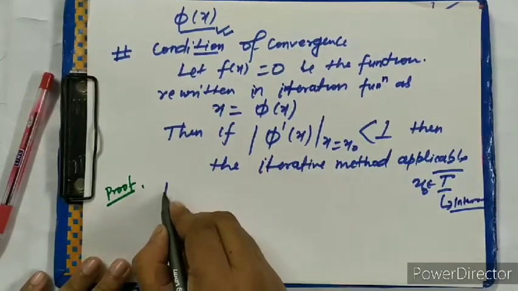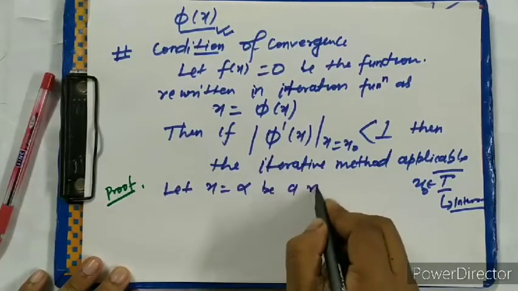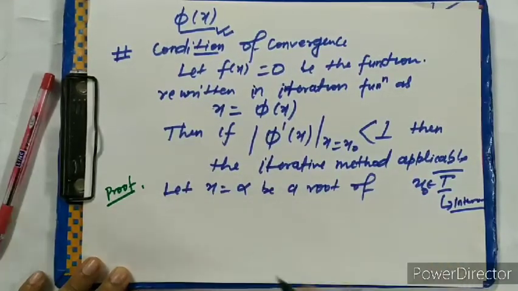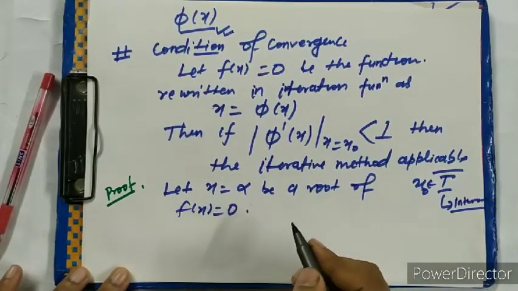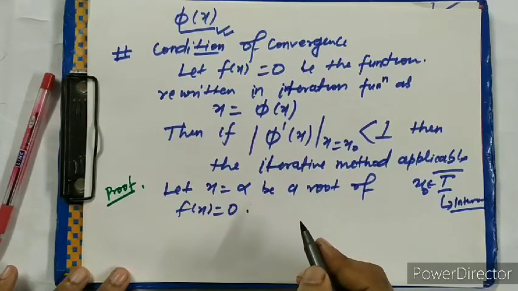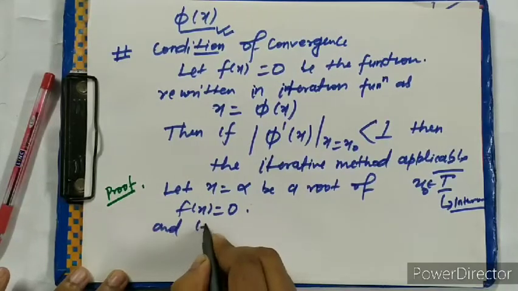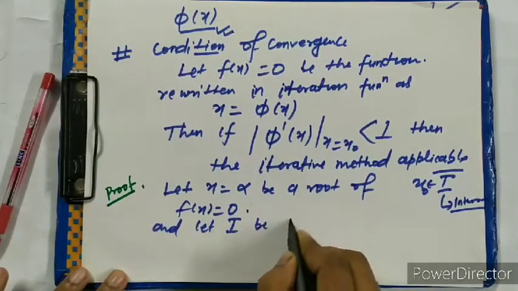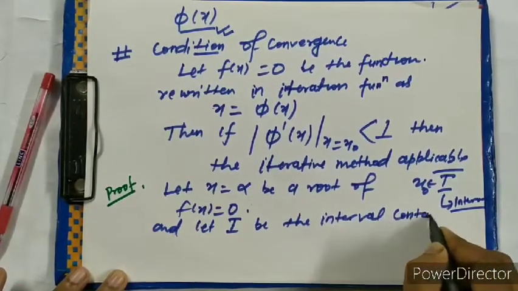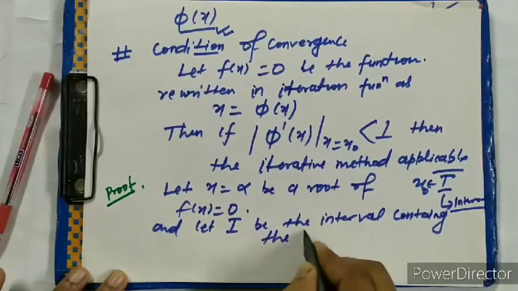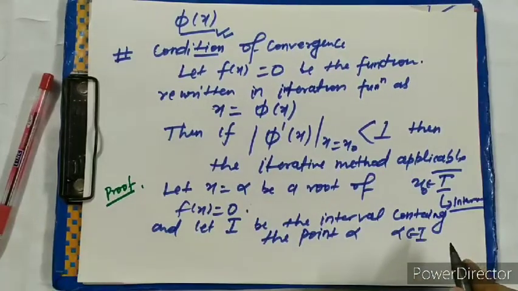Let x = alpha be a root of f(x) = 0, and let I be an interval containing the point x = alpha, that means alpha belongs to I.